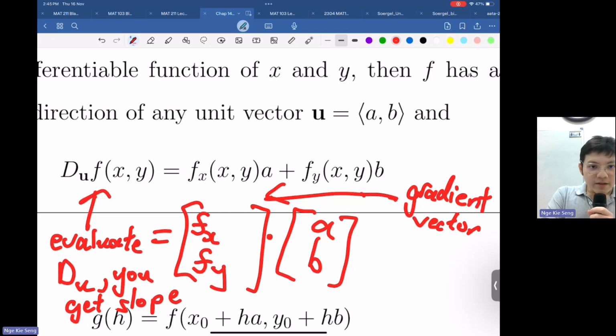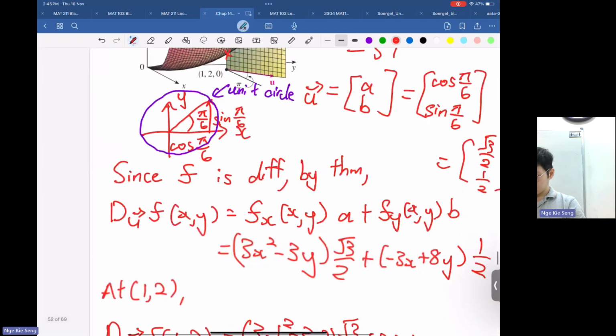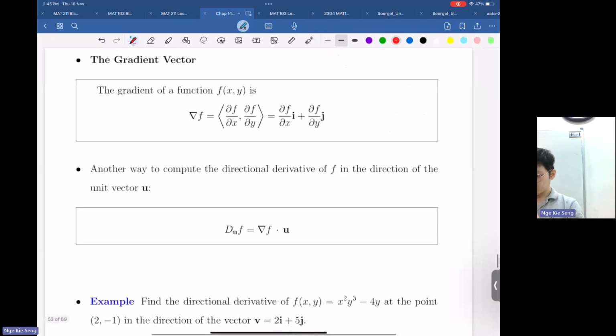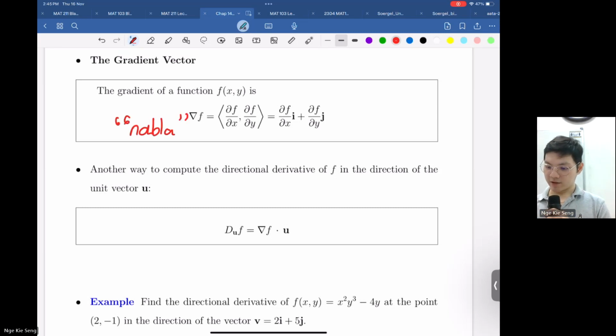Right. Let me see, what's the next content here? So we call the gradient nabla f. Nabla f.